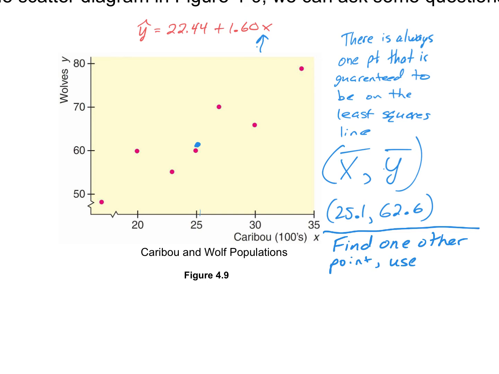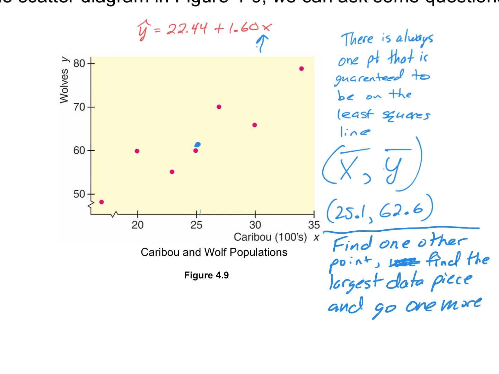Let me just find the largest data piece and go one more. So ladies and gentlemen, the largest data piece was 34, and I want you to take the formula 22.44 plus 1.60 and plug in that 35.